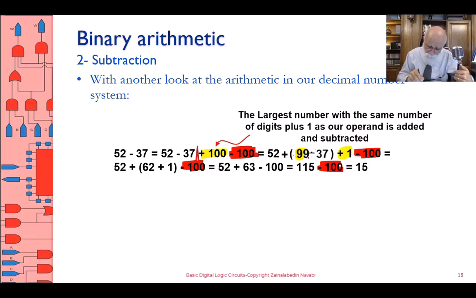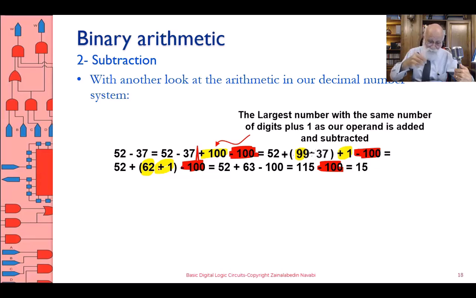So 99 minus 37 is an easy subtraction because 99 is the largest number with 2 digits, and therefore there is no borrowing. And therefore 99 minus 37, that's easy, becomes 62, just like this. So that becomes 62 plus 1.